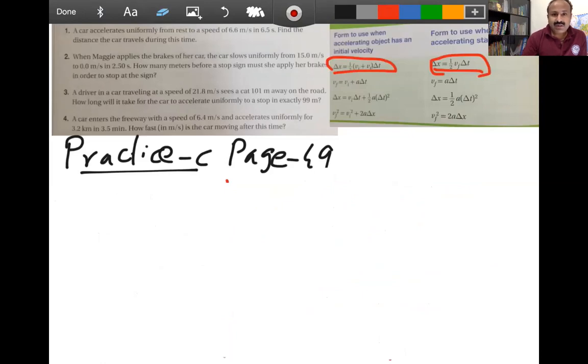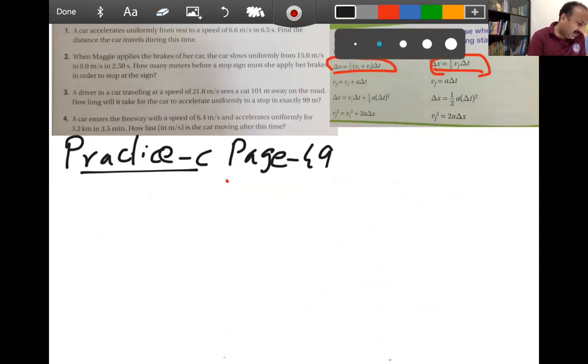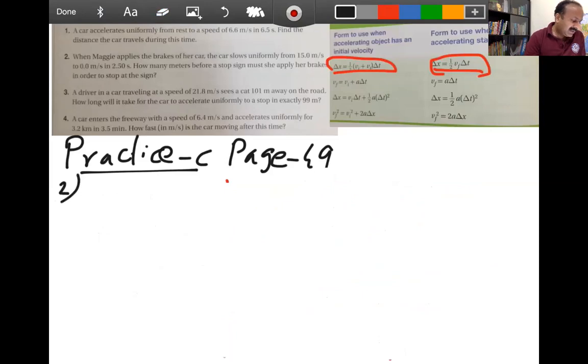So look, what are the values given there? When Maggie applies the brakes, of course, the car will slow down. The car slows uniformly from 15 meter per second. So your initial velocity is 15.0. Here you have three significant figures.